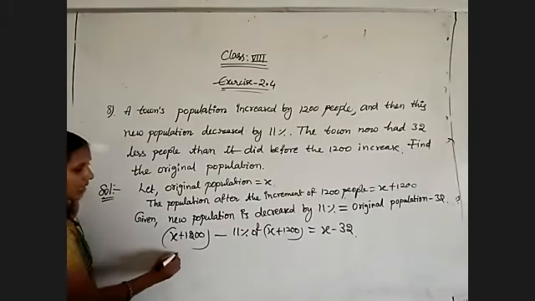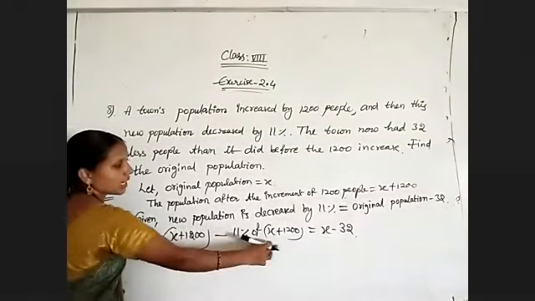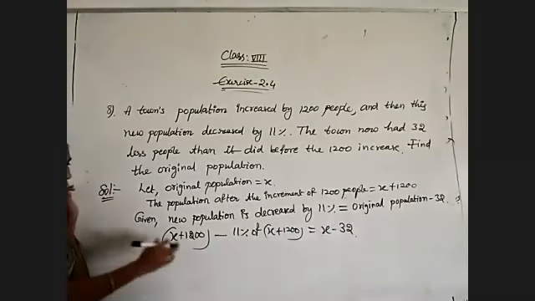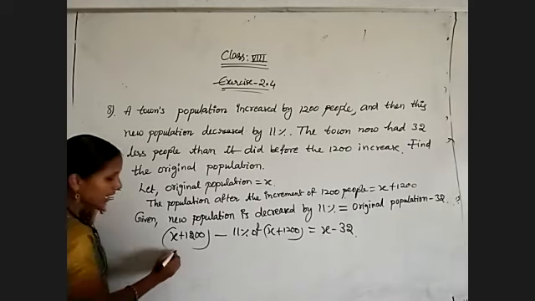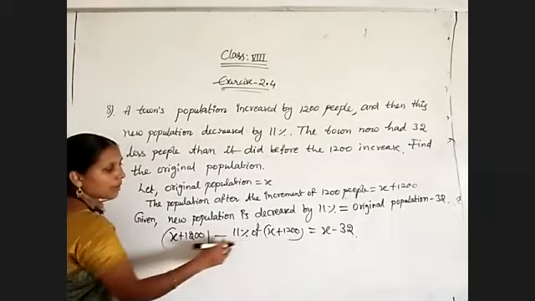So now x plus 1200 is common. I am using that way, because if we do it otherwise we will also get the answer, but we will take more steps. So try to use the properties also. Here x plus 1200 is common in both the terms.